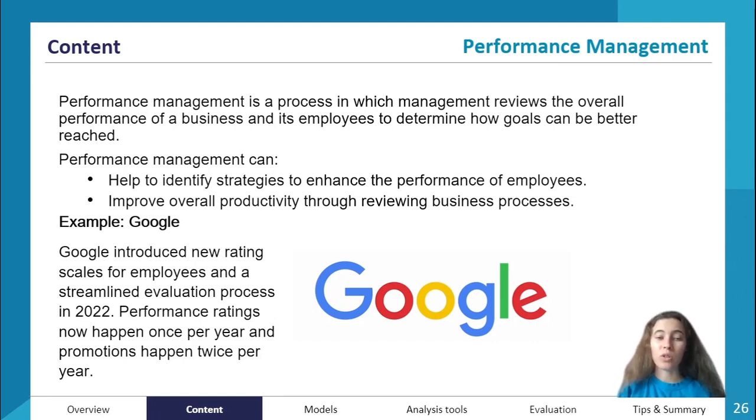And Google was changing its rating system and its evaluation system. So performance ratings were going to then happen once per year, and promotions would happen twice per year according to that change.